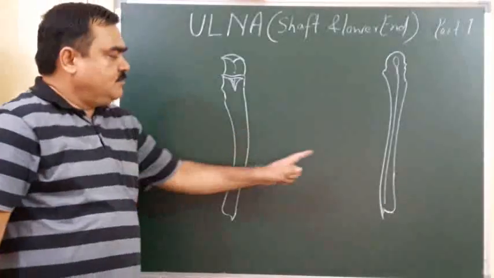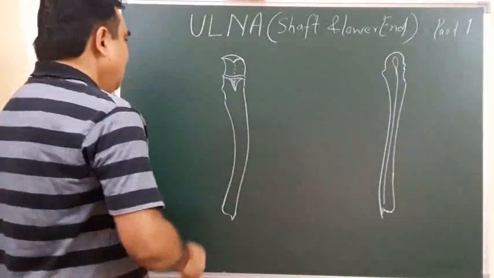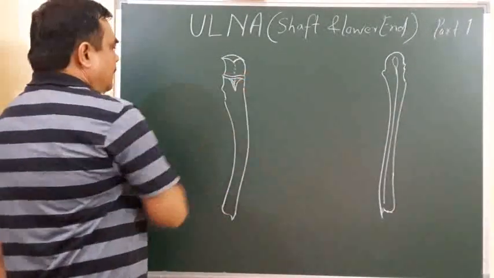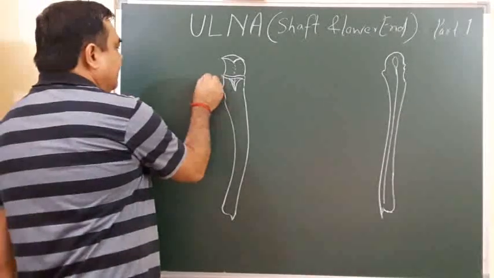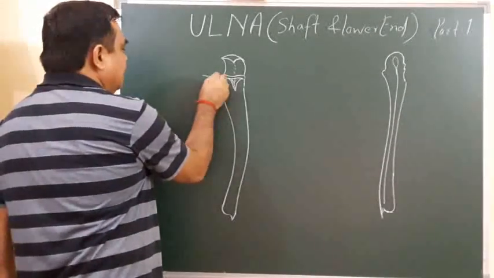This is anterior view, this is posterior view. Here is the position of the radius.